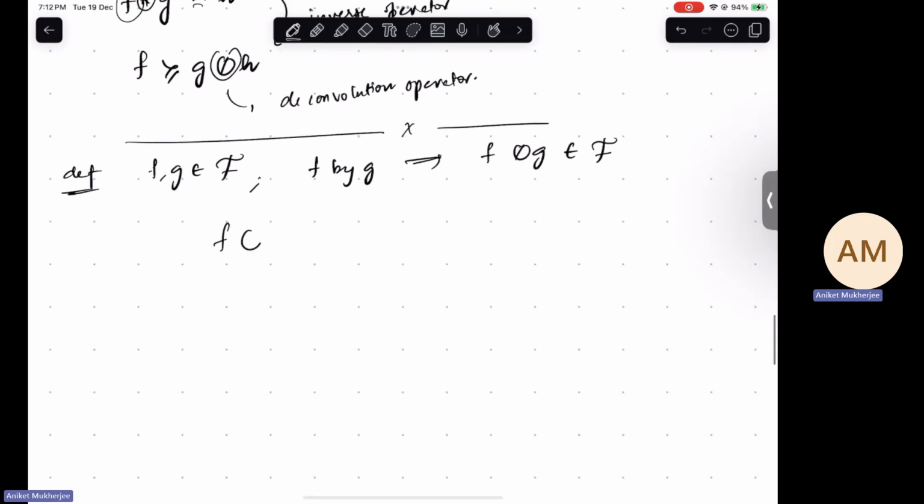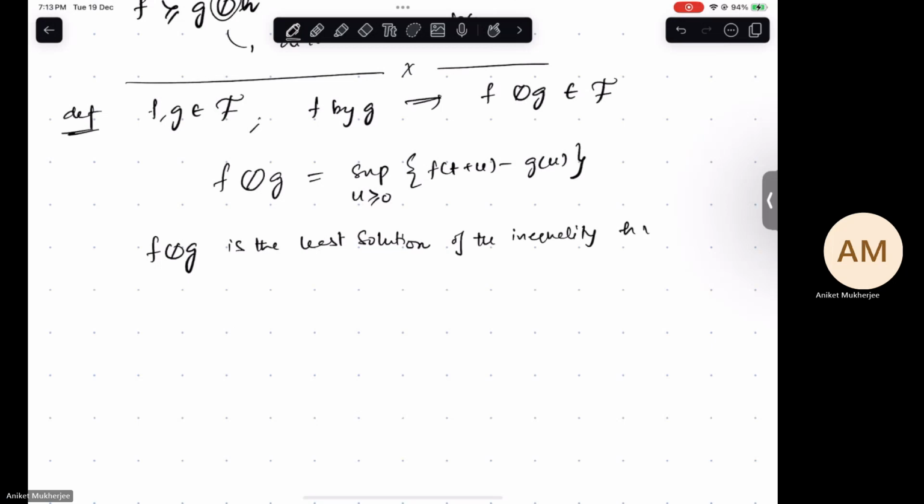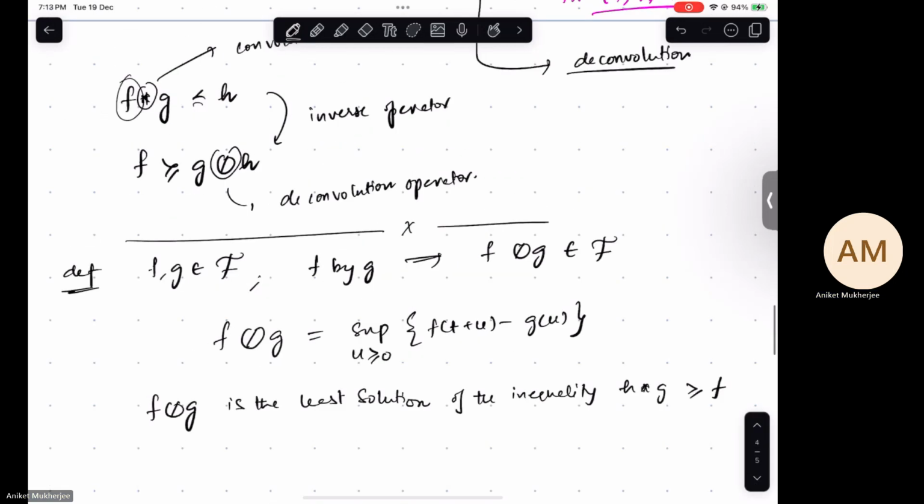This is defined as the supremum over u greater than or equal to 0 of f(t plus u) minus g(u). So basically f deconvolution g is the least solution of the inequality h convolution g greater than or equal to f.